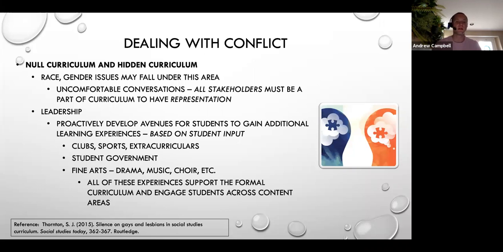Things like clubs, sports, student government, and fine arts are ways that we can support the formal curriculum, but we are also going to engage the hidden curriculum and the null curriculum by making sure that students have representation and a voice beyond just what's in the formal curriculum.